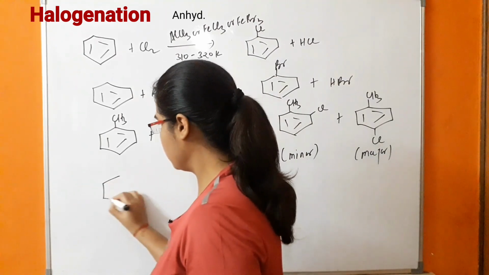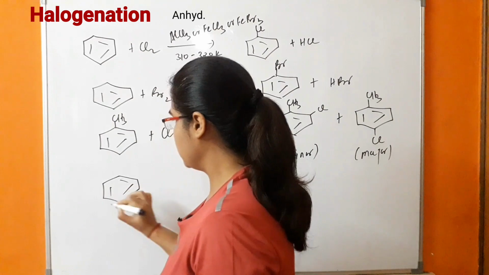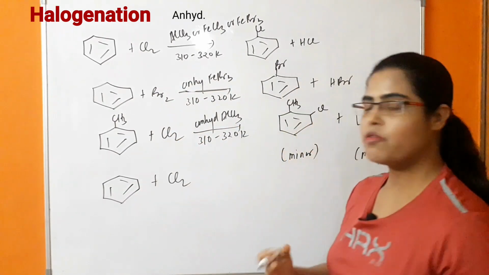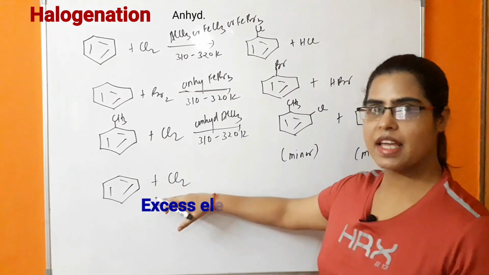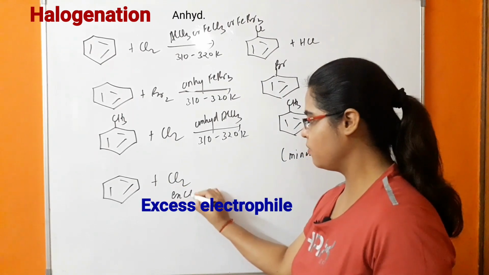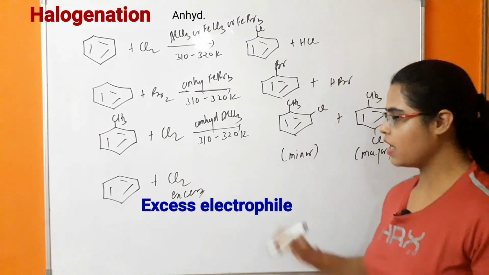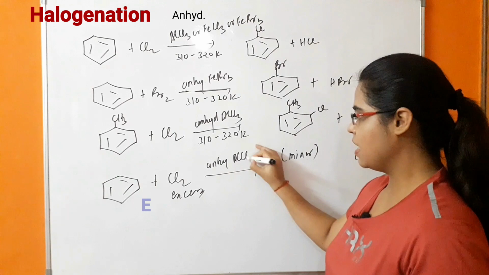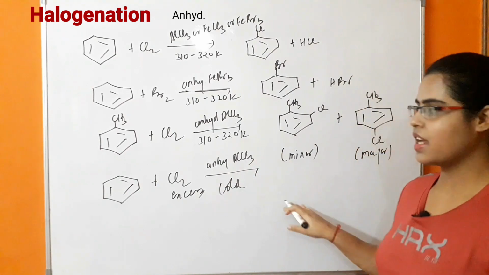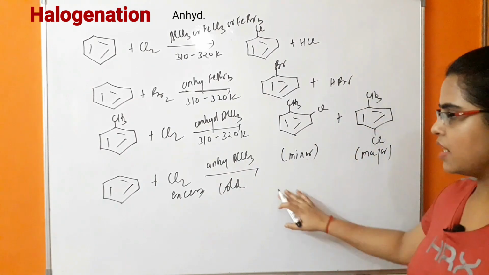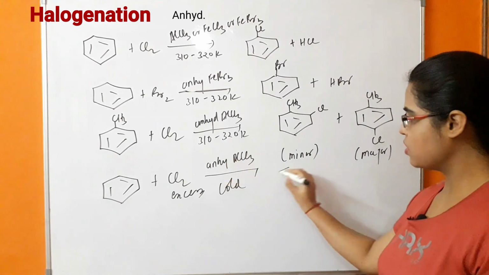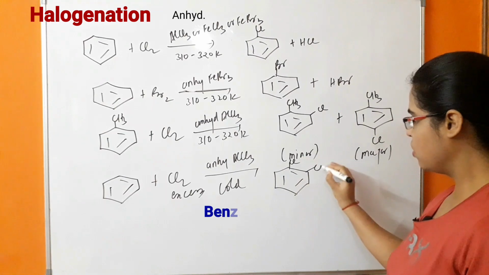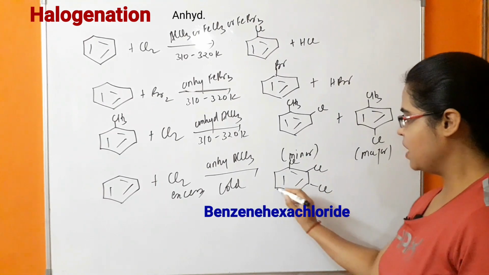Further, if we react benzene with excess electrophile, excess chlorine, in the presence of anhydrous AlCl3, and the reaction takes place in the dark at very low temperature, then there is a formation of hexachlorobenzene.